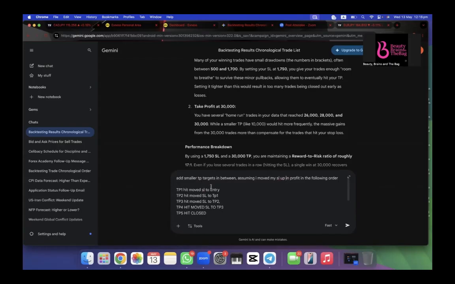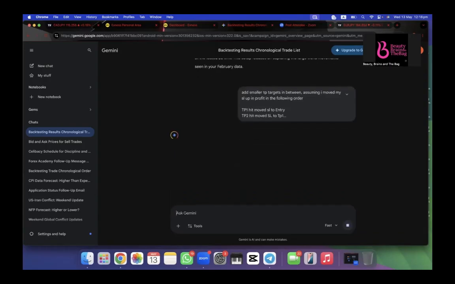Once it hits TP1, I move my SL to entry; TP2, move my SL to TP1; TP3, move my SL to TP2, like that. What would be the best value for all my TPs using the data? Let's see what it's going to tell me to do.